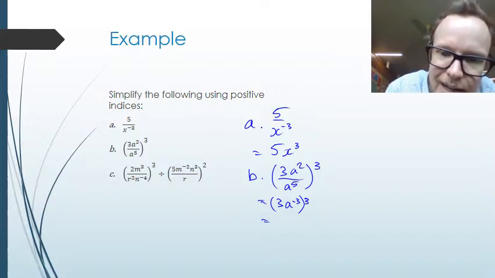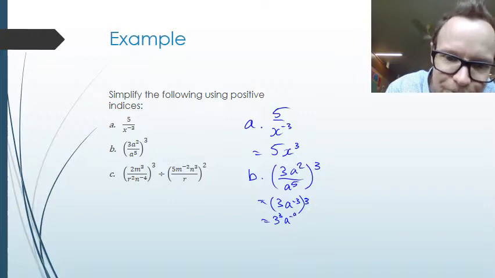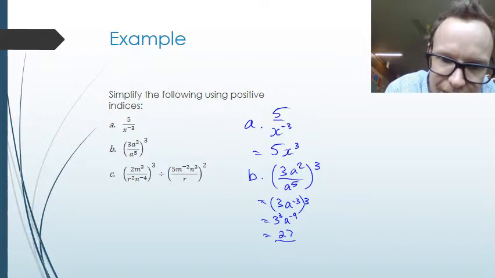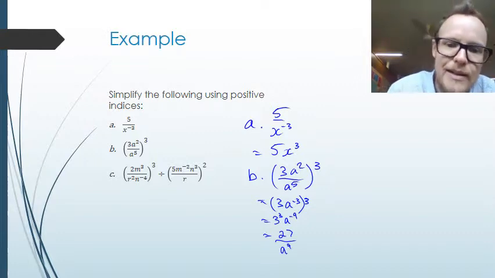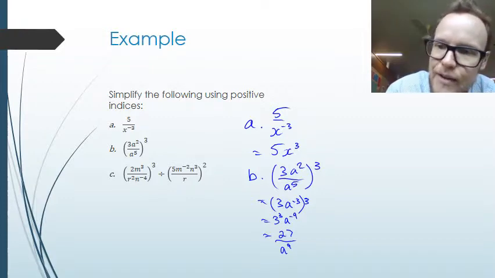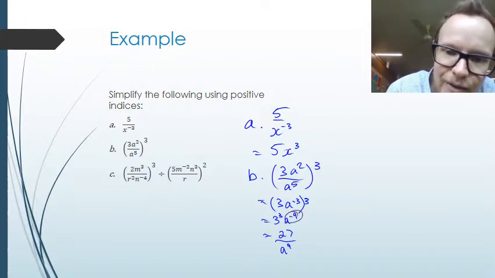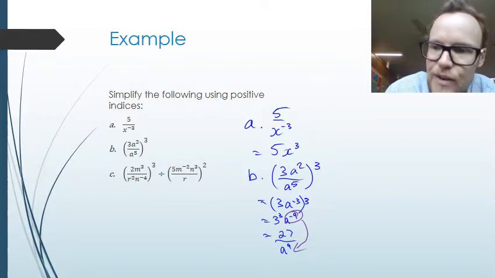So now if I apply the cube, 3 cubed, a to the negative 9, I get 27, and the a to the positive 9 can go on the bottom, because if we're converting from a negative to a positive index, we find the reciprocal of it.